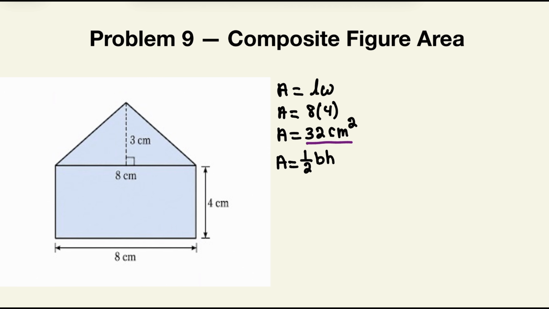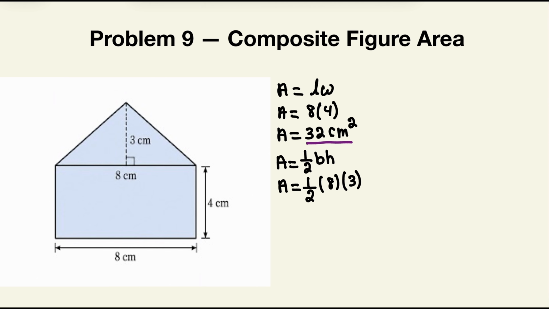Plug in those values. So we know that the base is given to us as 8 centimeters, and the height is given to us as 3 centimeters. So let's go ahead and plug those in. 1/2 times the base, which is 8 centimeters, times the height of 3.